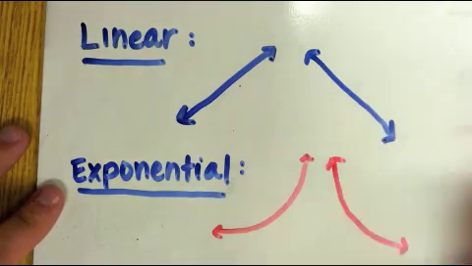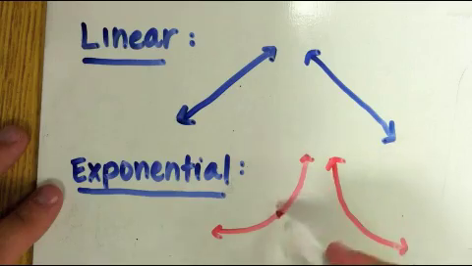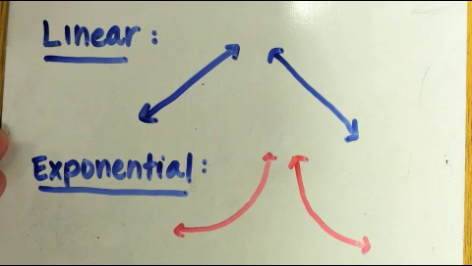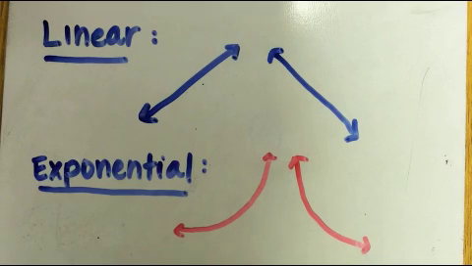And they have those two fancy names. The one that goes up this way, we call that growth, and the one that goes down like this, we call that decay. All right, so that is the difference between the graphs, and that's going to be crucial for when we actually start talking about how you graph these sorts of things, and how I can tell based off the graph, should I use linear or exponential?